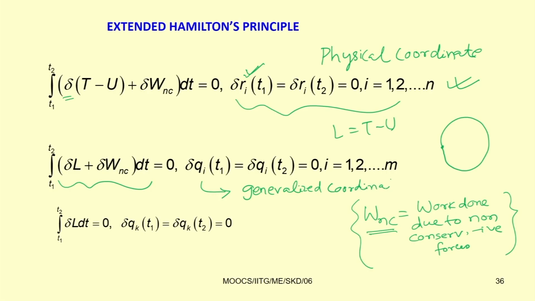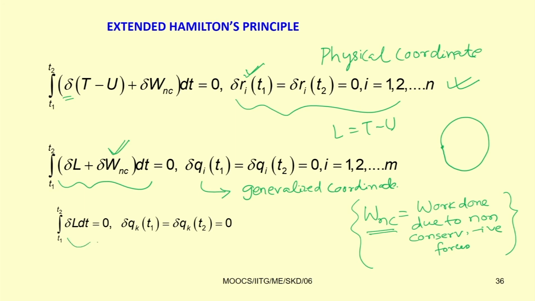By using these generalized coordinates qi, you can write down or find the equation of motion. If there is no non-conservative force, that is delta W_NC equal to 0, then this equation reduces to the integral from T1 to T2 of delta L dt equal to 0, with qk at T1 equal to qk at T2 equal to 0.